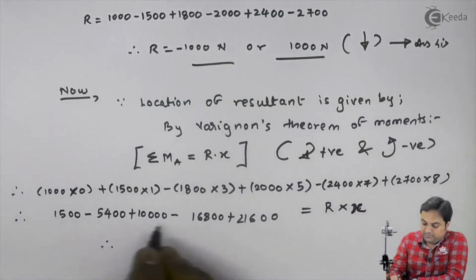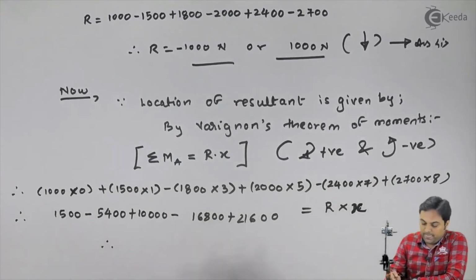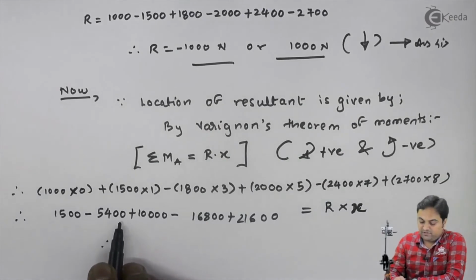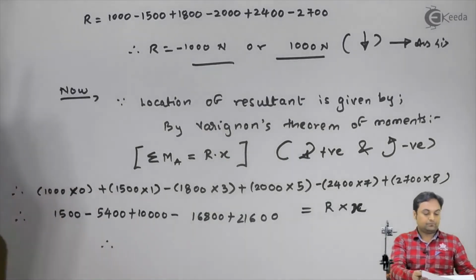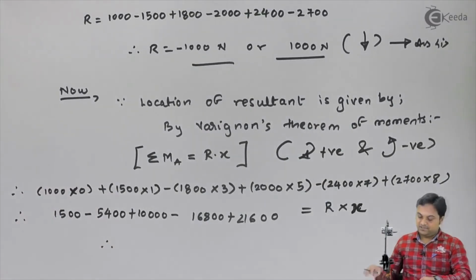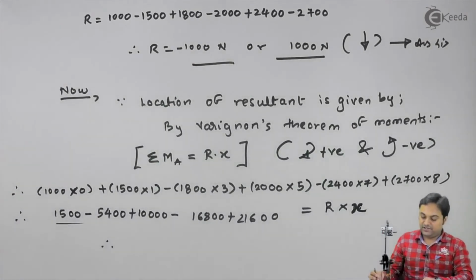So if I calculate my left hand side value, this will be 1500 minus 5400. This answer is minus 3900, and in that if I add 10,000, that will be plus 6100.